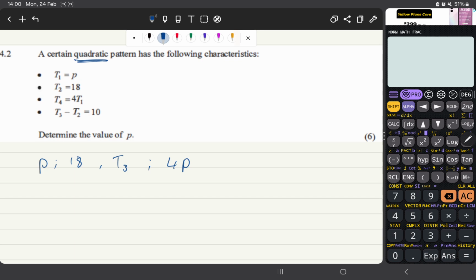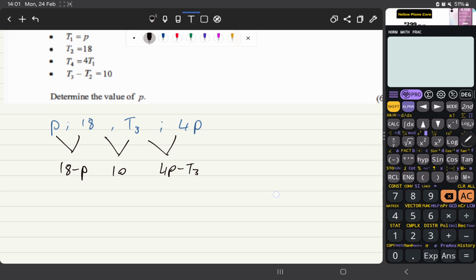If we were to find the first difference, so you have 18 minus p here. So term 3 minus term 2, they did say it's 10. Sorry for that. And then here we're just gonna get like 4p minus T3, whatever T3 can be.